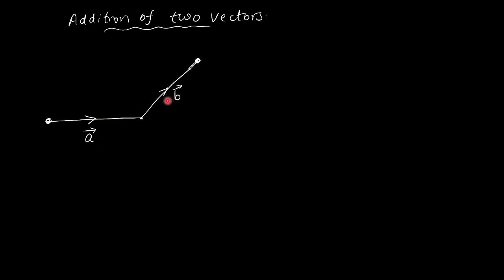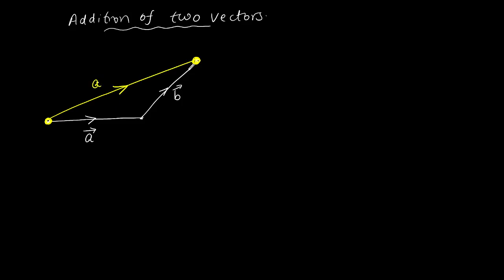What is my net displacement? Not net distance. I'm not talking about net distance. Net displacement is obtained by joining the initial position and the final position. This is defined as the net displacement.